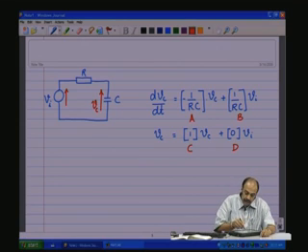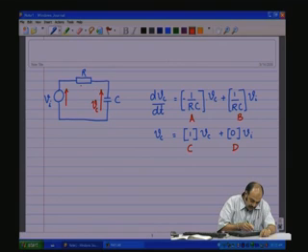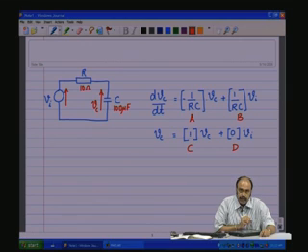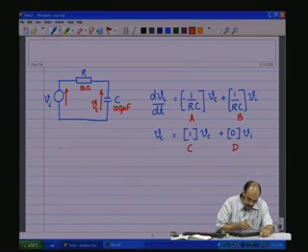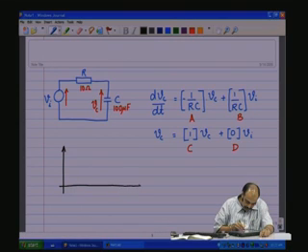Okay, now that we have the state equation, we need to give values for the parameters R and C. So, let us give some values for this particular example. Let us say we take R as 10 ohm, and let us say we have a capacitance of 100 microfarads, and then apply it and see what the response is. We would like to first plot the time axis and obtain the amplitude, of course.